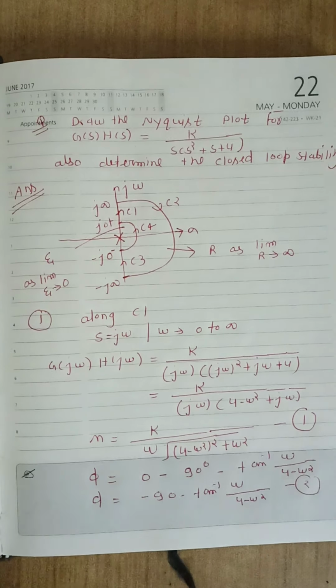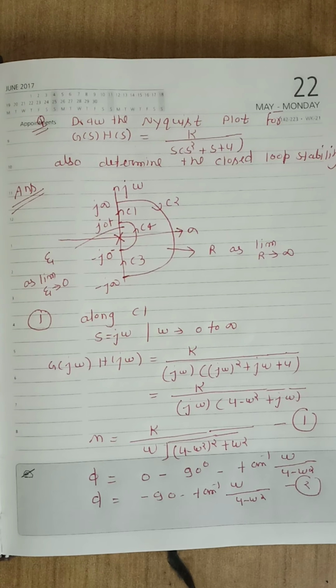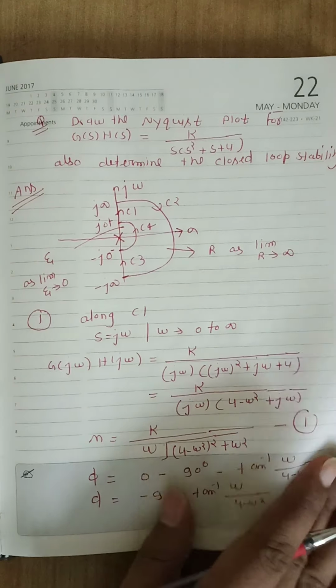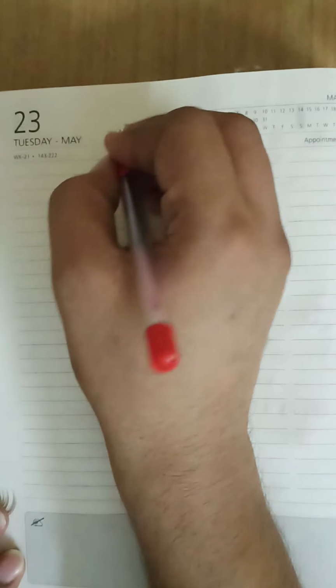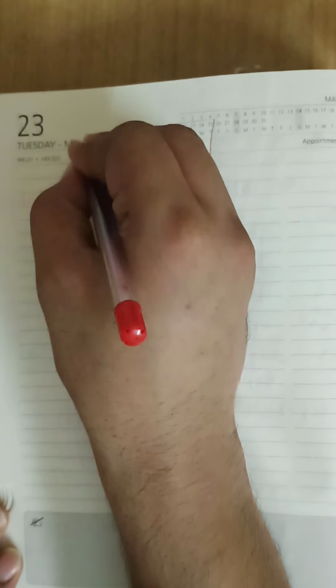This is the second equation. So from the first and second equations we can draw the plot according to magnitude and phase angle for omega equal to 0 and for omega equal to infinity.